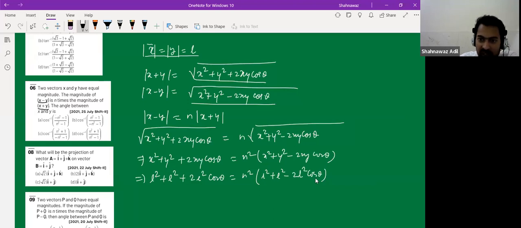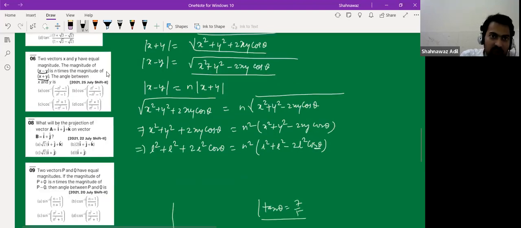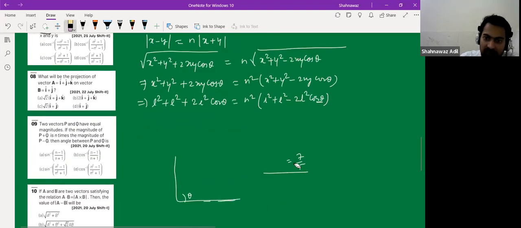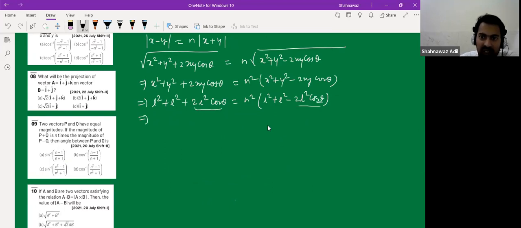So we multiply n square with every element inside the bracket. We have to take this term and this term on one side, and all the rest on the other side. So this is 2L square and again 2L square cos theta, and n square times 2L square minus 2L square cos theta.